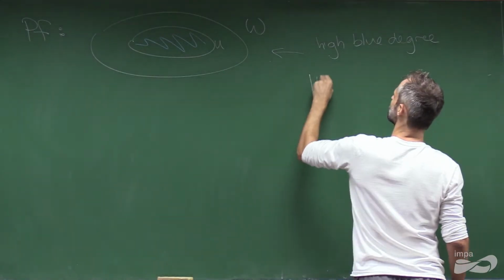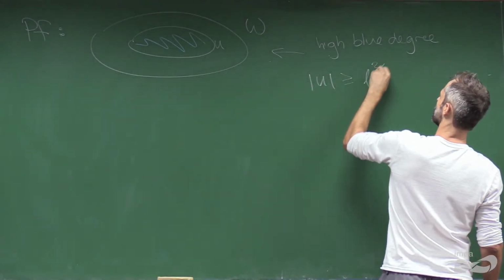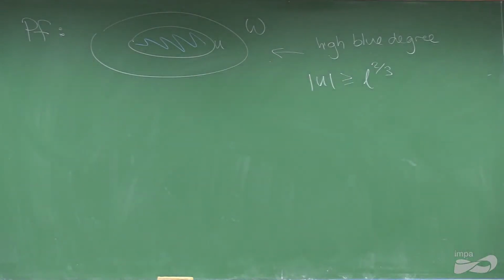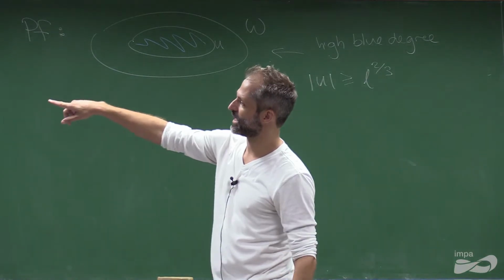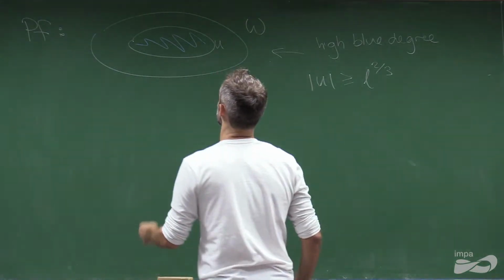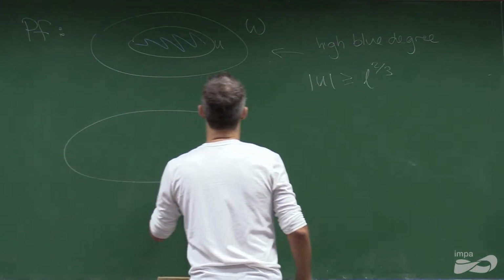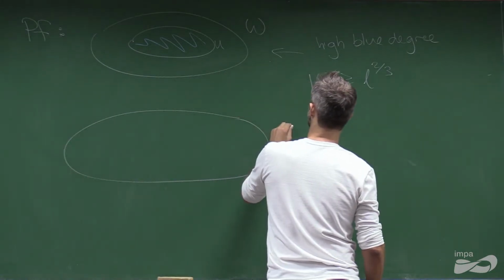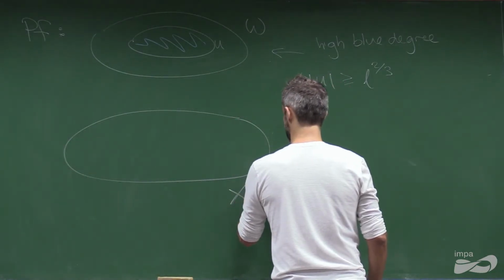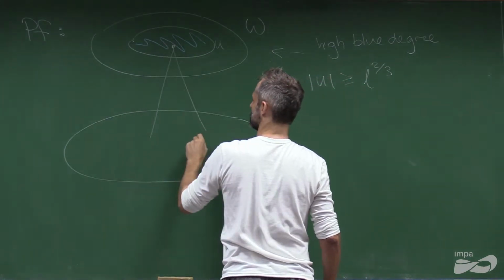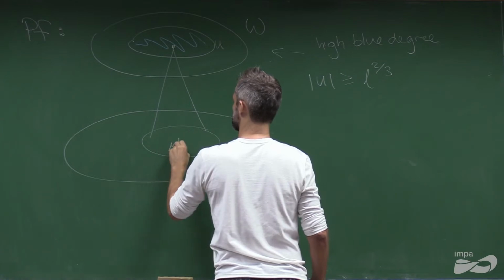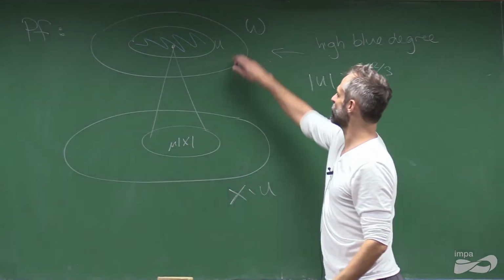Okay. So we're going to assume the latter. And everyone in U has at least mu|X| blue neighbors. So let's look at the rest of the world. This is U complement, or X minus U. I'm going to throw W in here.